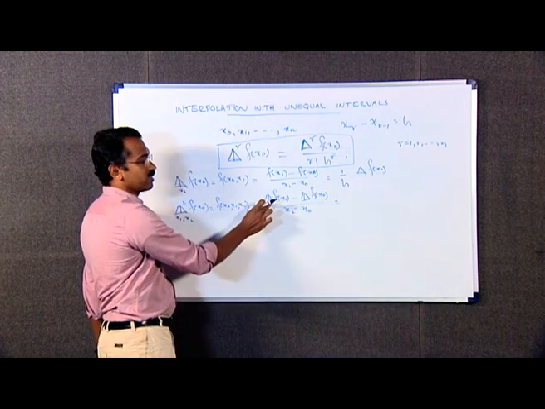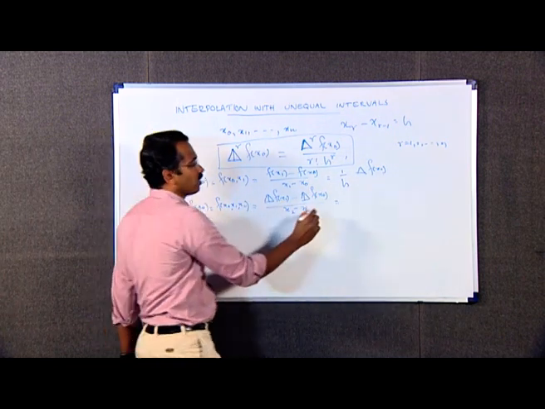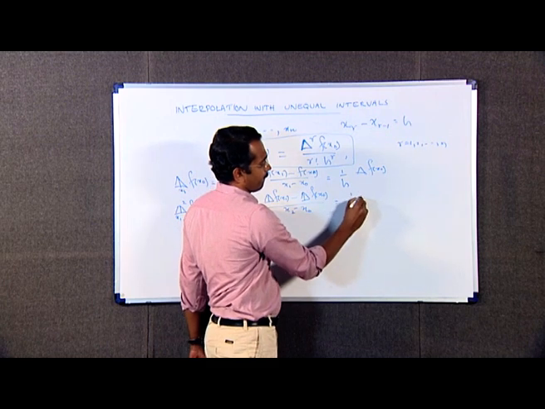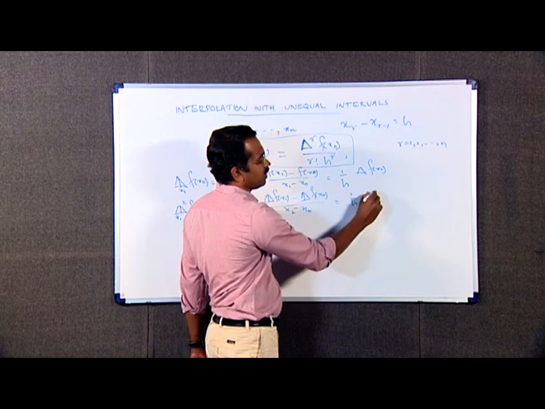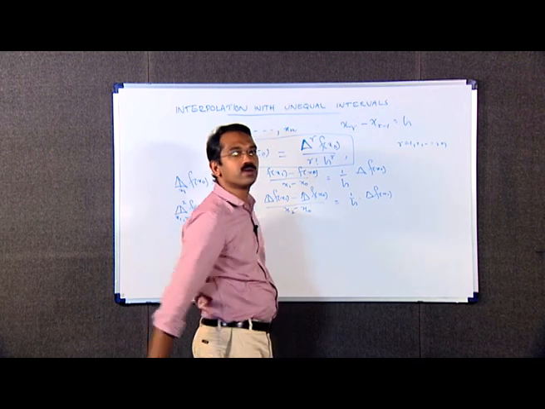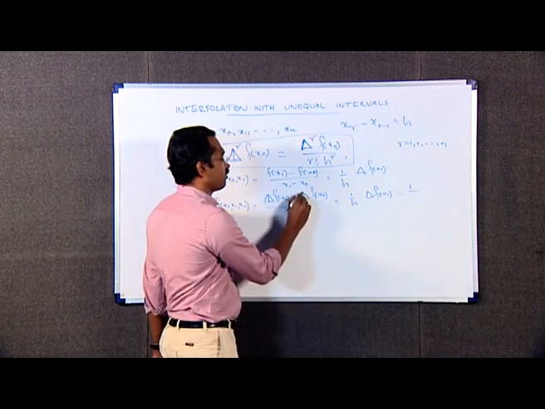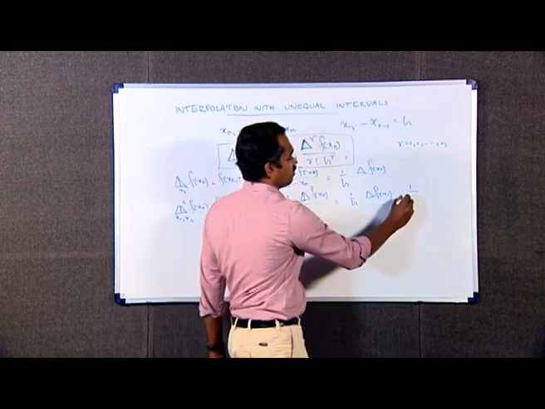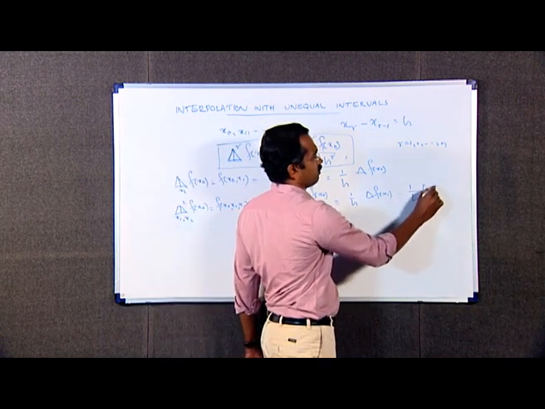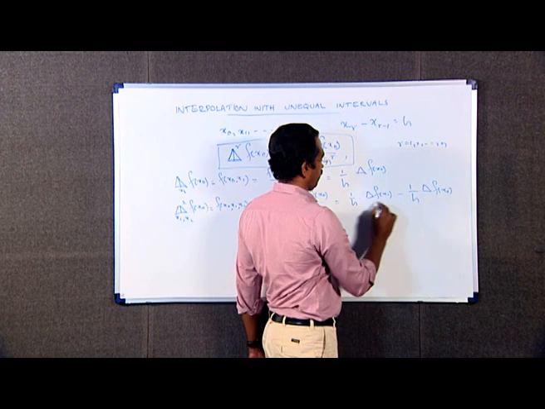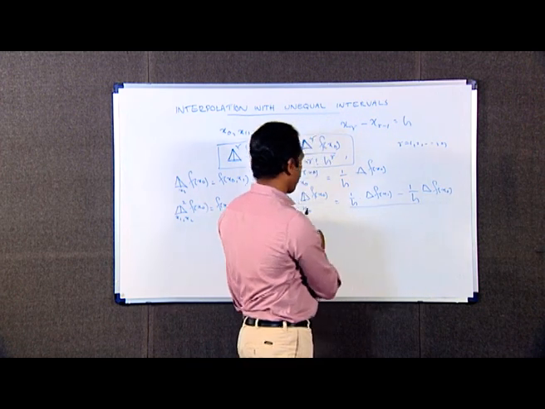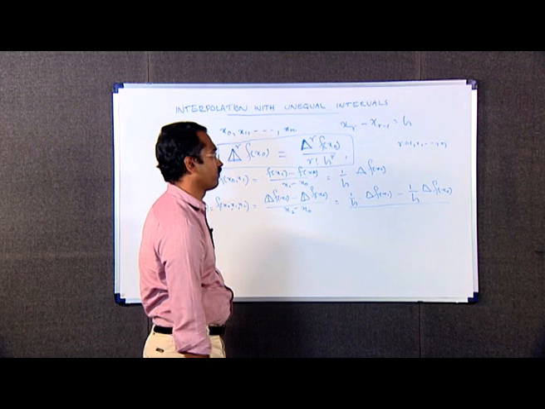Therefore, divided delta f of x1 is 1 by h into delta f of x1. All divided by x2 minus x0.